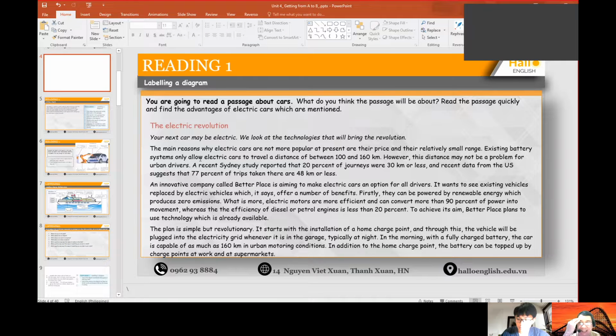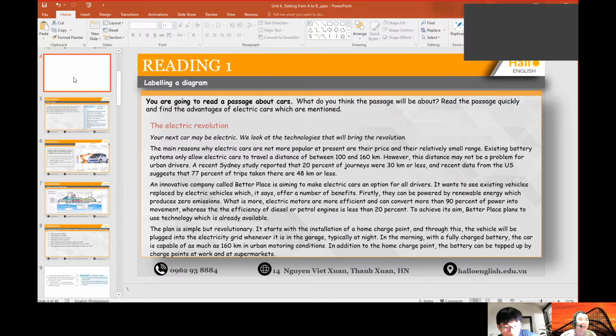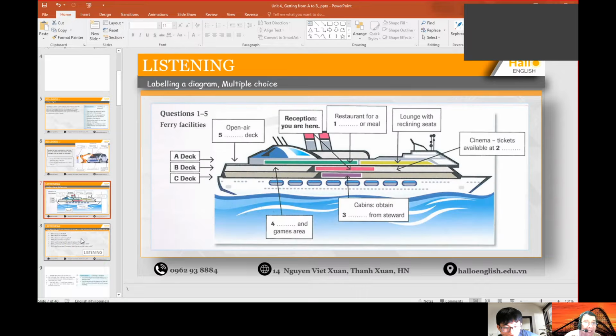That would be comprehension, so that when you reach the labeling questions, you can fill in the gaps from the passage. Do you have questions with this? No more.